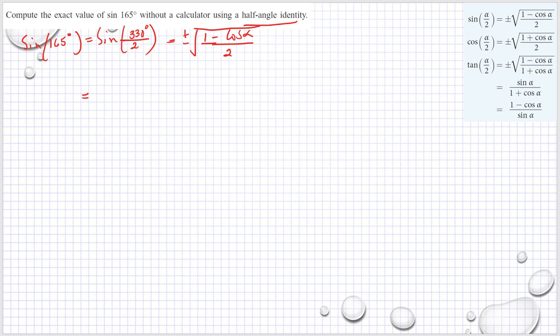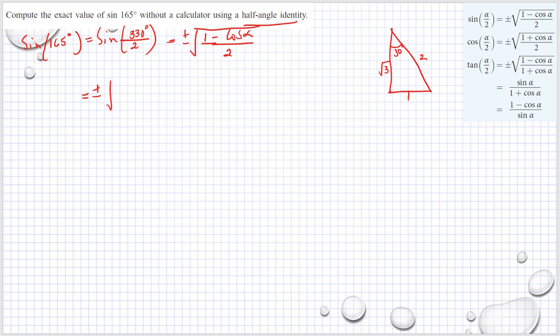And we know that for 330 degrees, we have 30 degrees there. For 30 degrees, we have 2 there, square root of 3 there, and then 1 there. So sine, the opposite side, is 1 half.